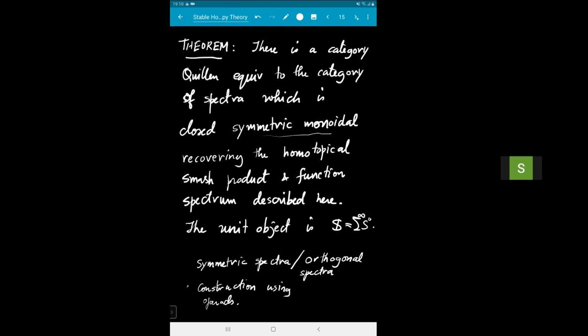So if you take Xk smash Y(n minus k), that has an action now of sigma k cross sigma (n minus k).